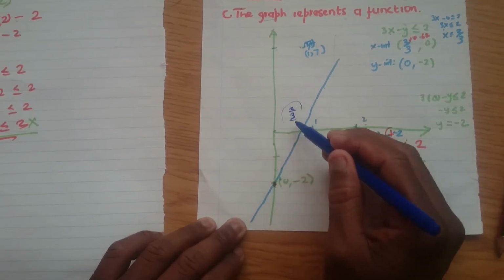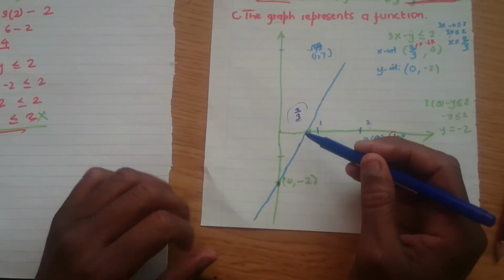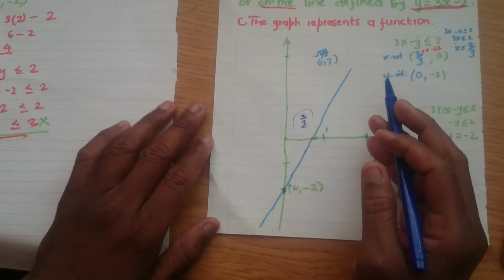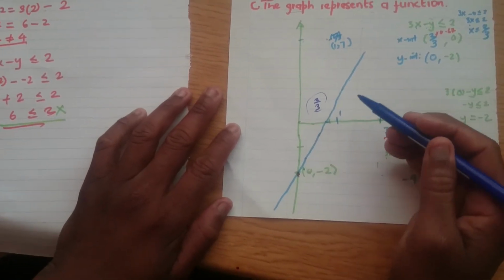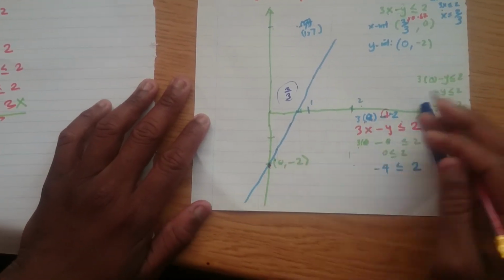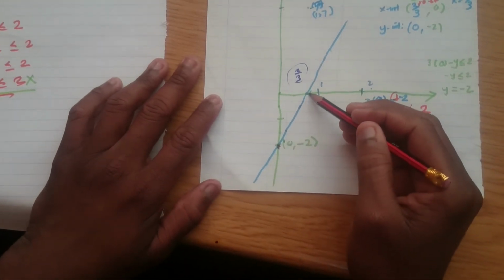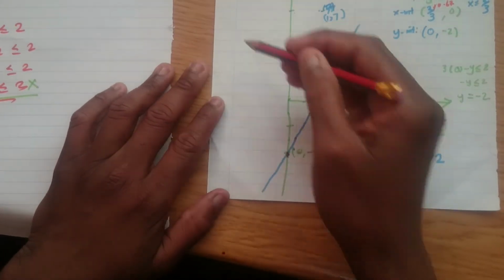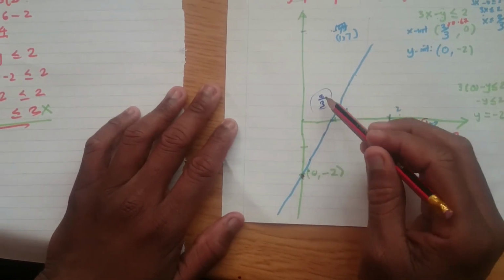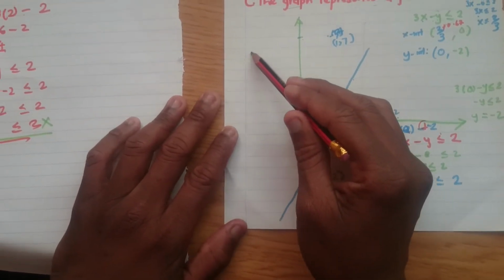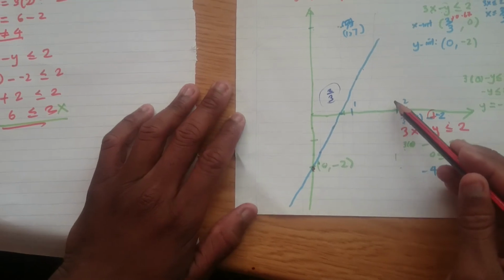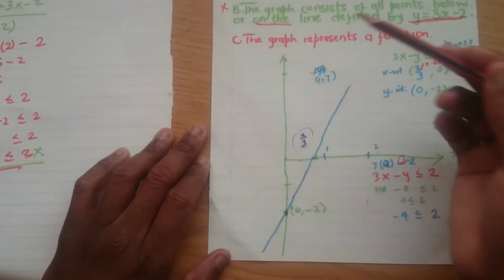So you say any points above the line. It doesn't necessarily have to be only 3 and 0. No, it can be with any point above the line. So this can result in any type of graph above the line. For example, it may result in something with a cycle, any coordinate above the line.